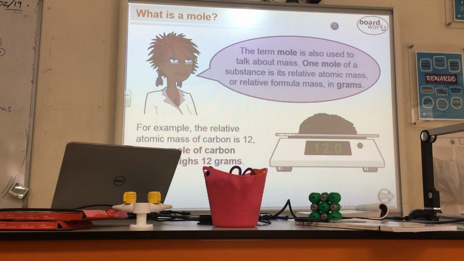The number of moles equals the mass divided by the relative atomic mass, or relative molecular mass if it's a molecule, which is the same as the relative formula mass. RAM has the symbol Ar and relative formula mass has the symbol Mr.